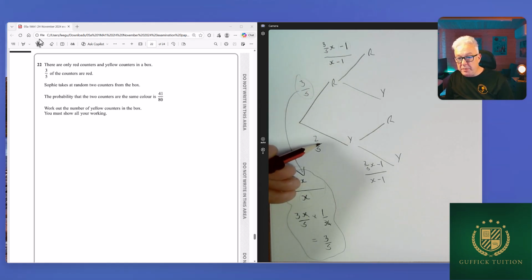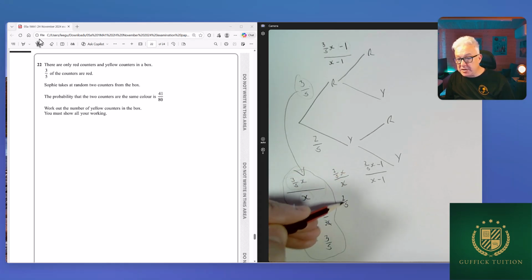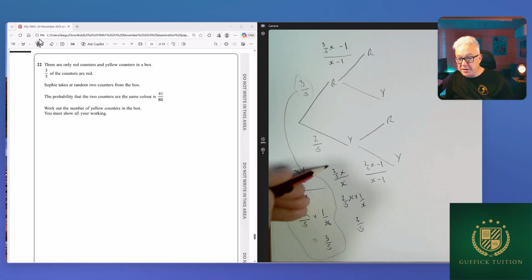And the same argument applies for the yellow. We could have said that the number of counters in the box originally was X. The proportion of those that were yellow was 2/5 of X. And that's the same as 2/5 X times 1/X, which is the same as 2/5, okay? So we could have thought about that same argument for that one there.